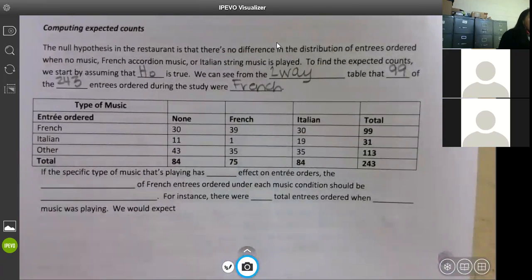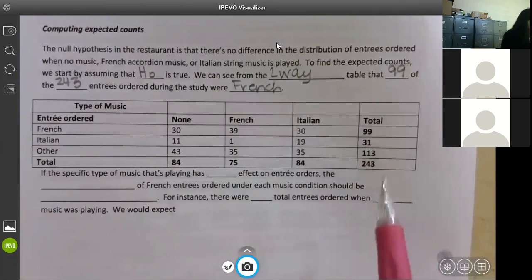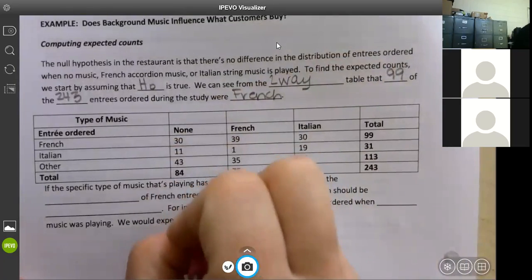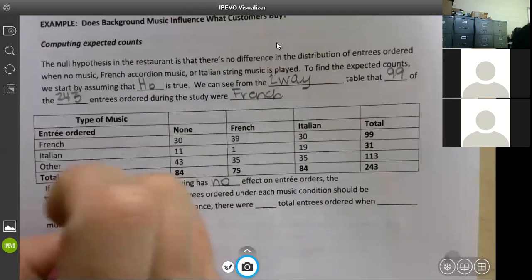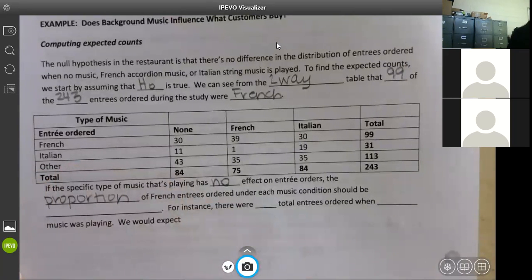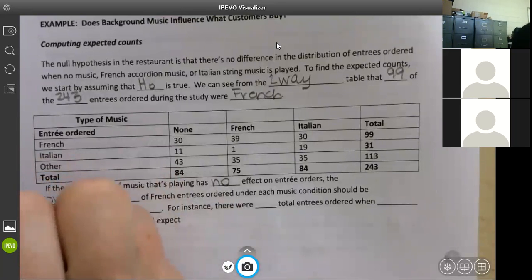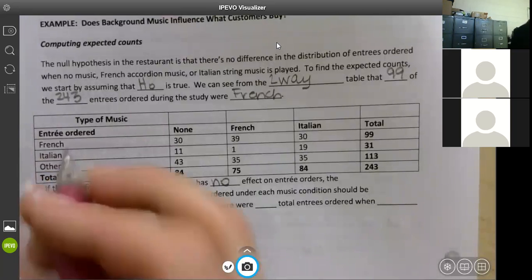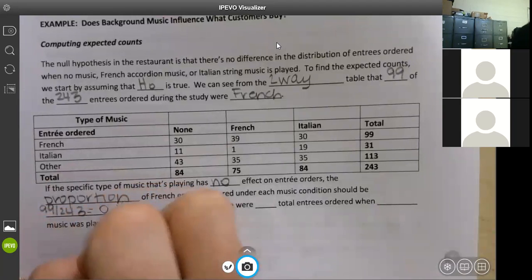So it's the same table. There's nothing crazy. All they did was add these totals on the end, so we didn't have these a minute ago. If a specific type of music that's playing has no effect on entree orders, the proportion of French entrees ordered under each music condition should be 99 out of 243, which equals 0.4074.